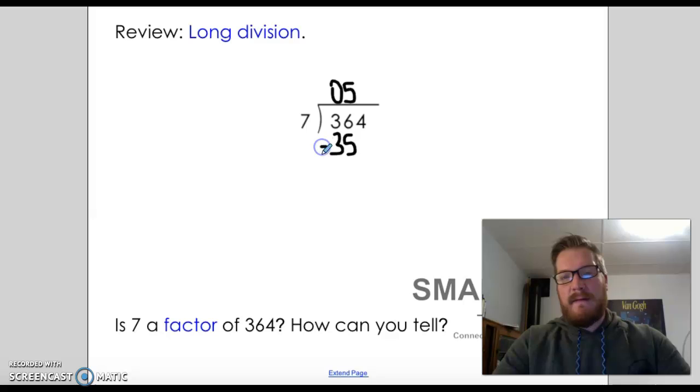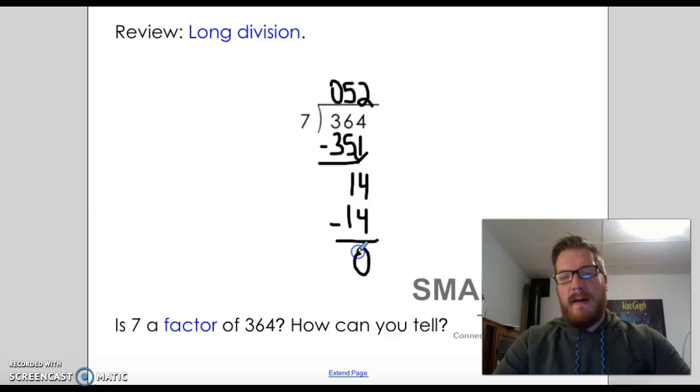Then we have to subtract, which is the remainder of 1. And then what we have to do is bring down the 4. And then one of our last steps is how many times does 7 go into 14? That goes 2 times. And then 7 times 2 is 14. And then we subtract, which just gives us a remainder of 0.